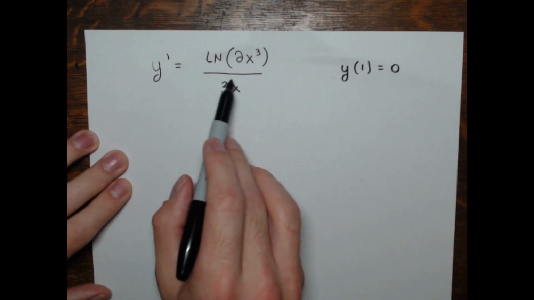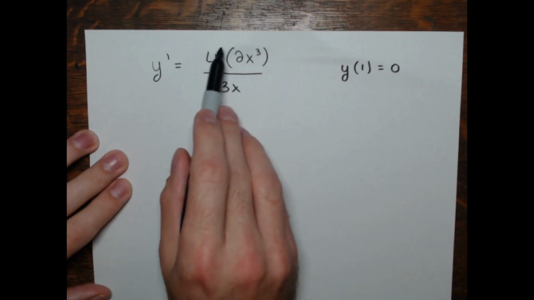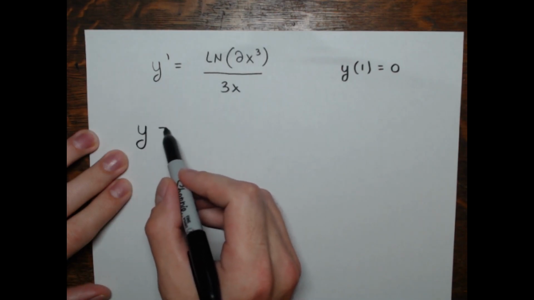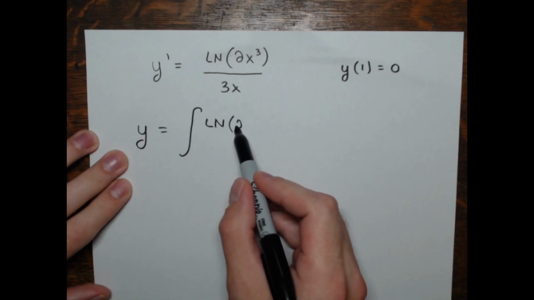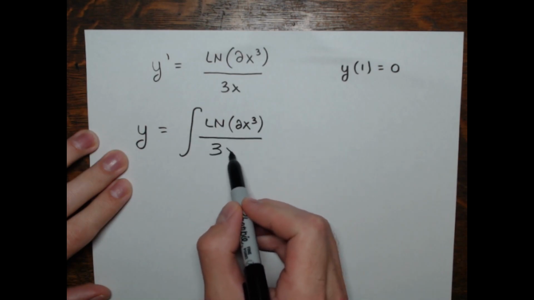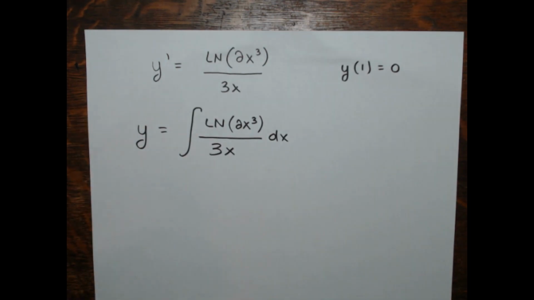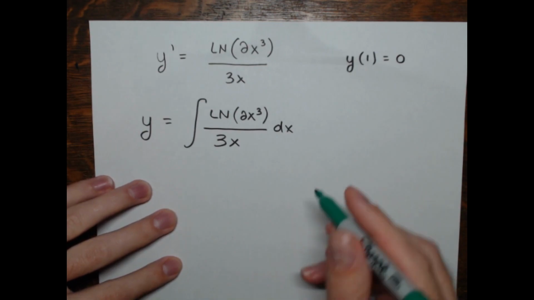All right, so again, when I do the separation here, this is only a function of x. So to find y, I'm just integrating that. That's the integral of the natural log of 2x cubed divided by 3x, dx, and very similar to that problem that we had the issue with earlier.